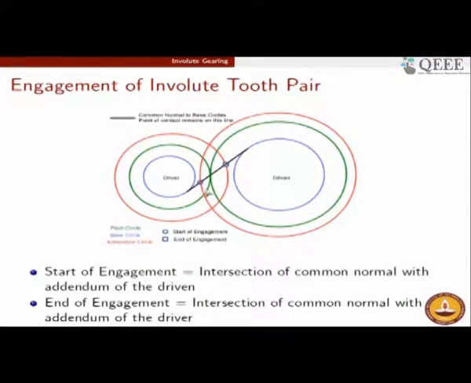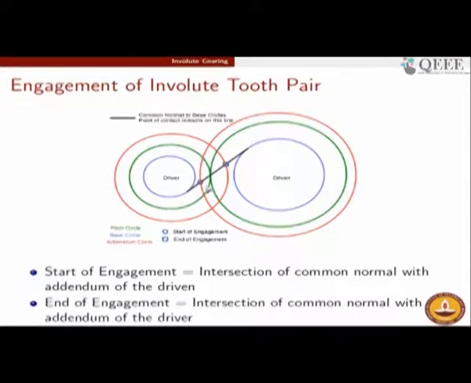So please recall, in our last discussion we had this discussion that the start of engagement is where the common normal at the point of contact turns out to be the common tangent between the two base circles, and the start of engagement between a gear tooth pair will happen when there is an intersection of the addendum circle of the driven gear, as shown in this red circle, with this internal tangent.